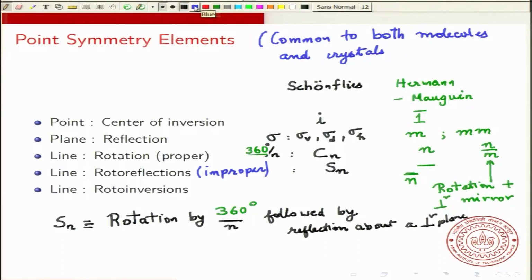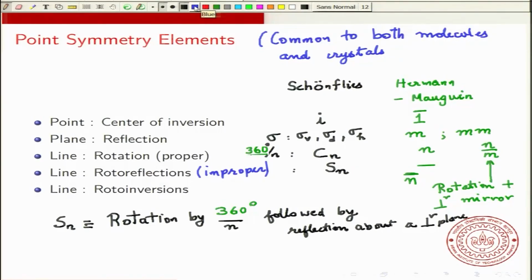So, these are either notations for symmetry operations or for symmetry elements. You can say that a crystal has a three axis of rotation, so it has a threefold axis of rotation, or you could say that it has a 3 bar axis. That means there is a rotoinversion axis. So it is the individual operations that are described by these symbols.